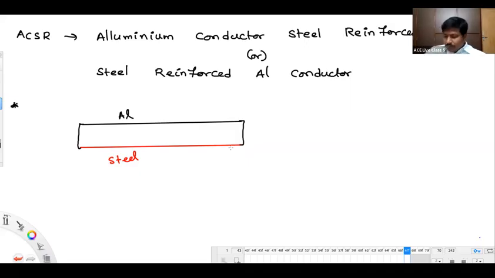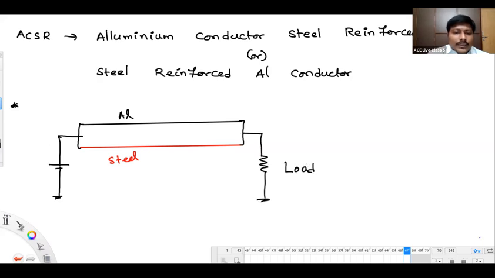And on one side we keep one voltage source, and other side we keep a load. Just look at this. This side we are keeping one voltage source, and this side we are keeping a load. Very simple one.